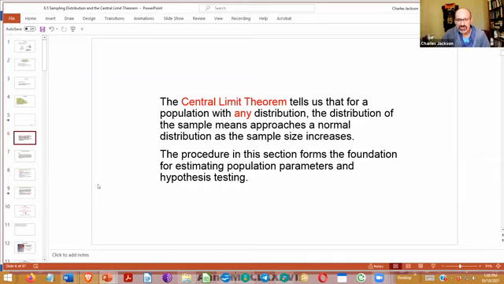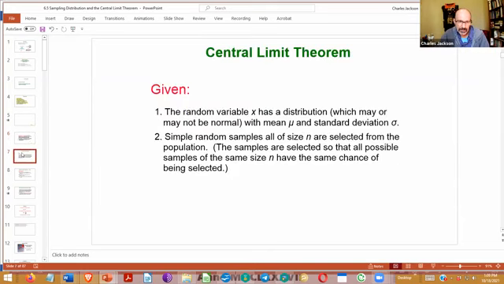The procedure in this section forms a foundation for estimating population parameters and hypothesis testing. And here's why. Here's the central limit theorem. You're given this situation that we set up with this applet. Random variable X has a distribution, mean mu, standard deviation sigma.